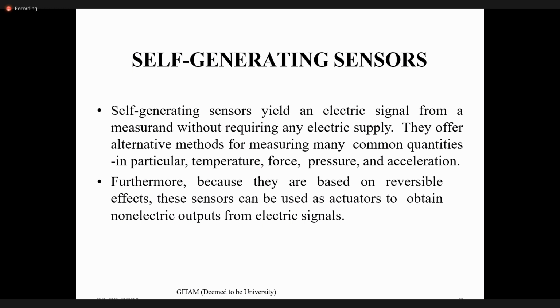Reversible effect means, 90% of the sensors receive electrical input to sense parameters, but self-generating sensors generate an electrical signal by the variation of the measurand. Actuator means an instrumentation device which can move from one place to another place. Okay.